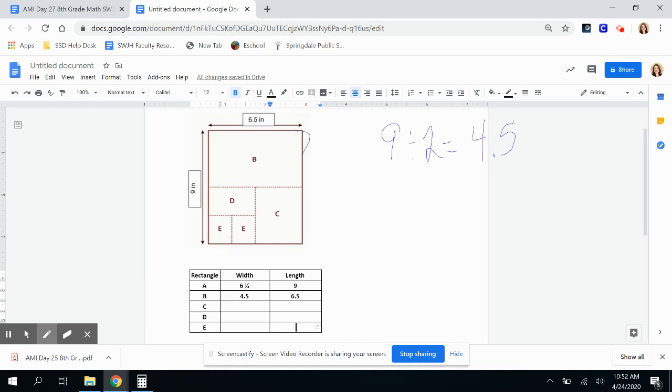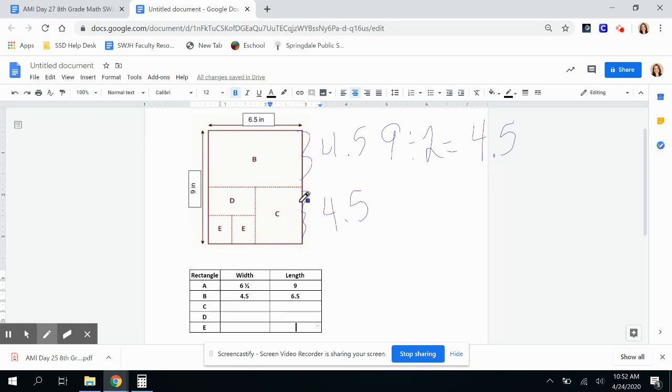So this area here is 4.5, and this area here is 4.5. When you put those two together, it'll equal 9. That's what we want.